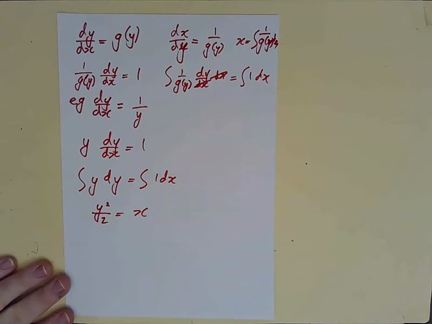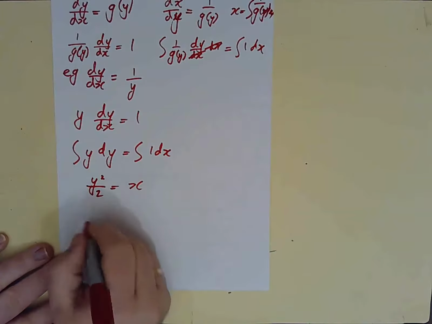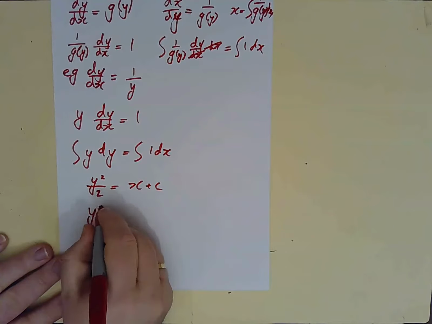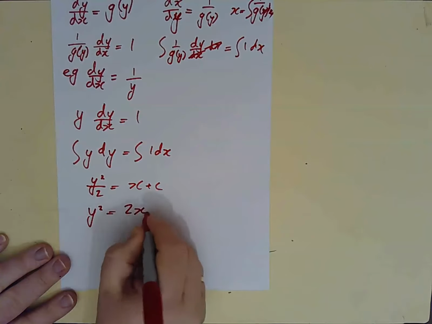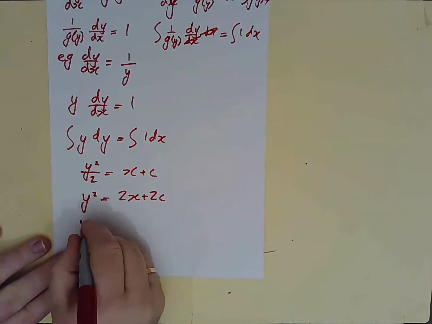Now, the thing is, we usually want to write this in terms of what y equals. So we're just going to do some rearranging now. Plus c. Times by 2, y squared equals 2x plus 2c. And then do a square root.